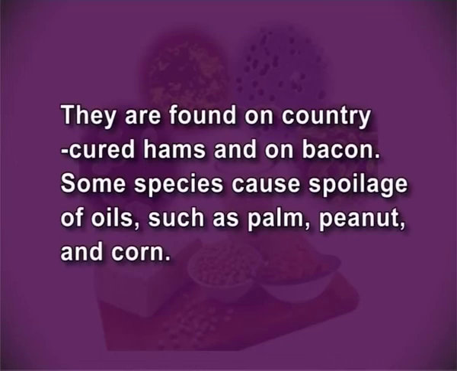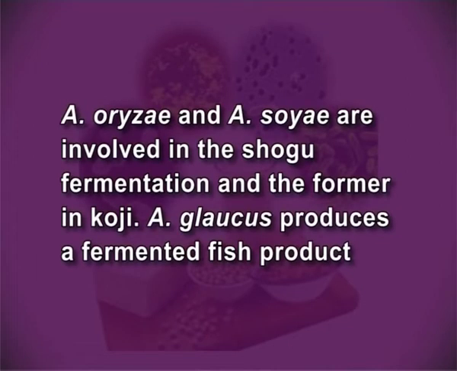They are found on country cured hams and on bacon. Some species cause spoilage of oils such as palm, peanut and corn. Aspergillus oryzae and Aspergillus zoae are involved in the shoyu fermentation and the former in koji. Aspergillus glaucus produces a fermented fish product.